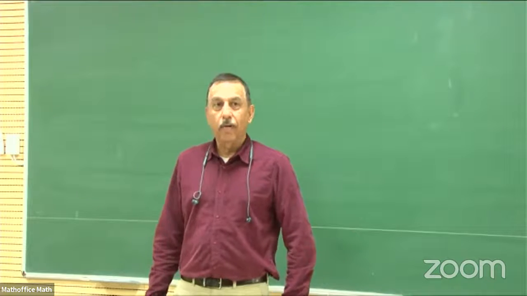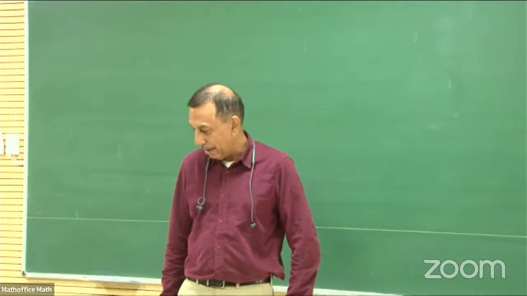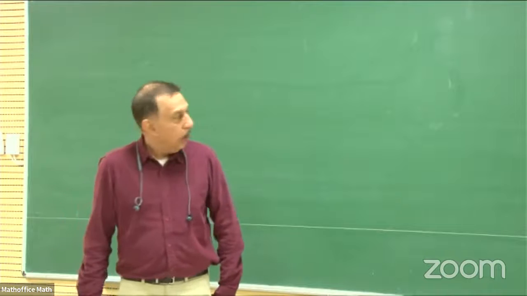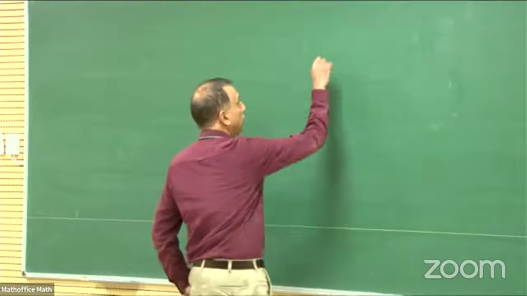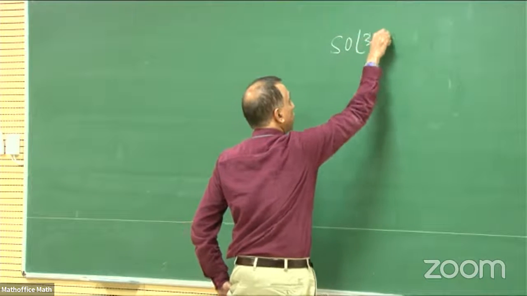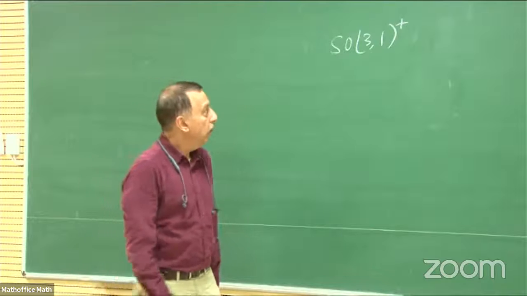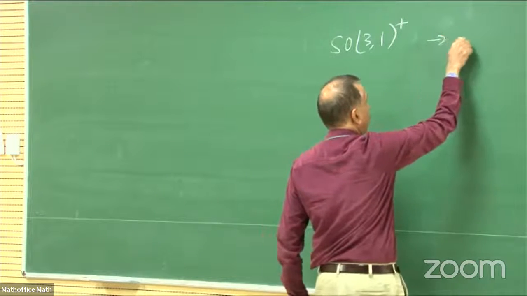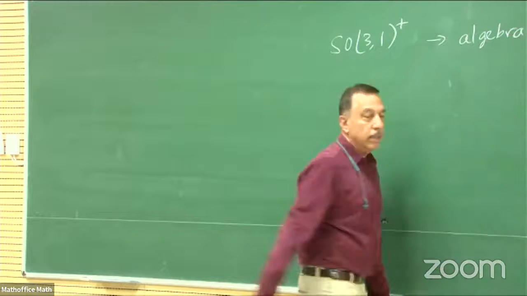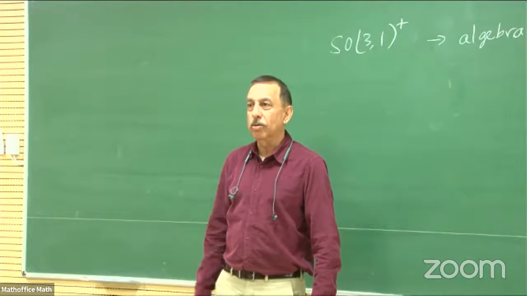I will continue from where I was yesterday, but I will briefly review a few things which I'll need for today. We are going to look at this group, SO(3,1) plus, the proper Lorentz group, and we're actually going to look at its algebra, which is just the infinitesimal elements, infinitesimally close to the identity.